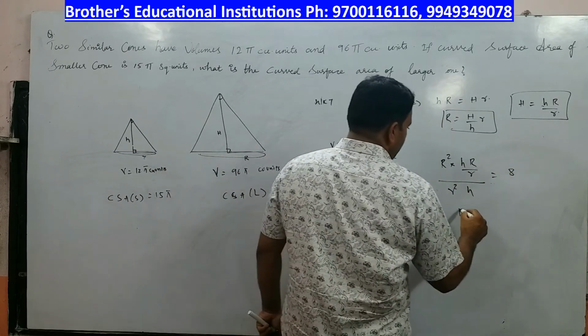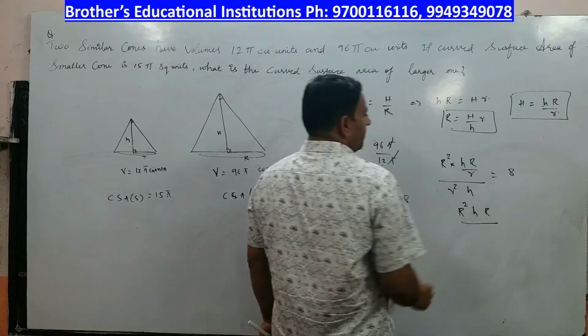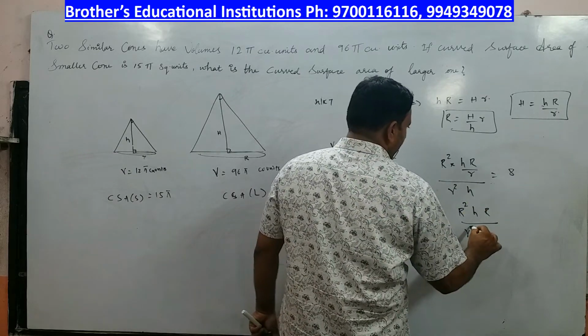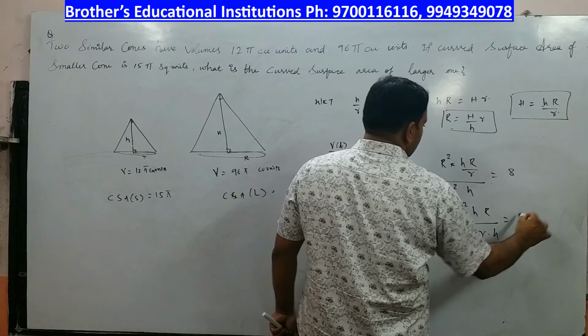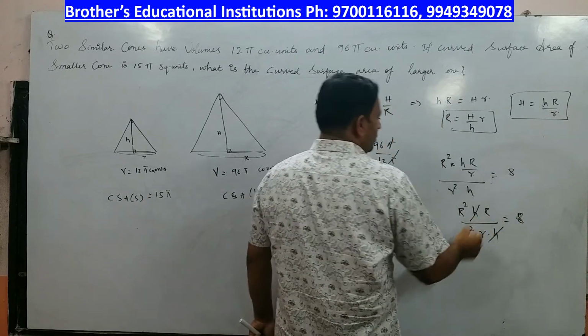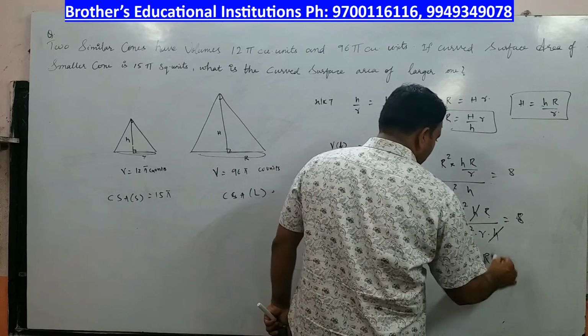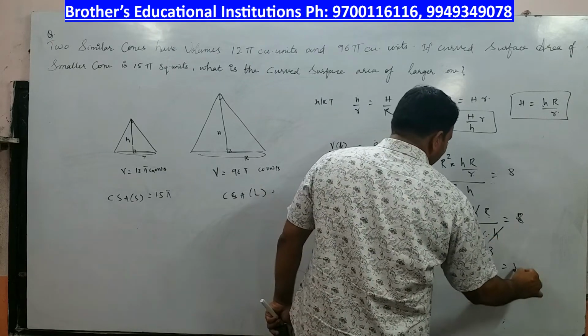Now what I am going to get? Capital R square into small h into capital R by small r square into small r into small h is equal to 8. Alright. So now I can cancel h and h. What is R square into R? It is capital R cube by small r square into r, it is small r cube, equal to 8.